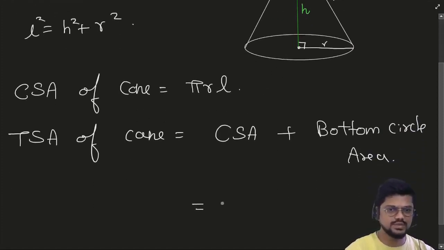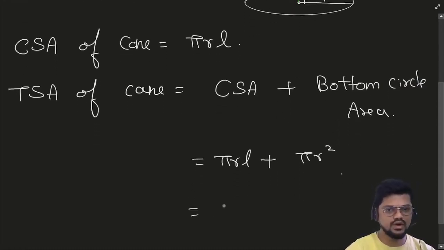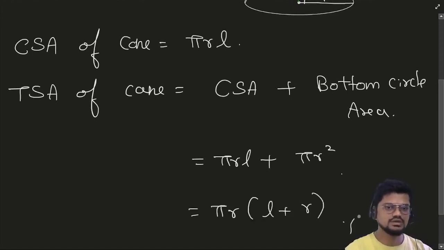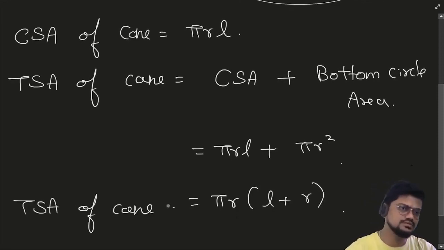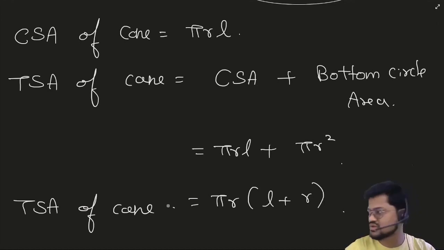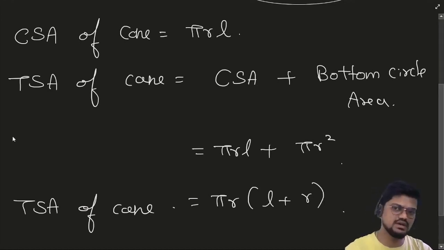The curved surface area is pi r L and the bottom circle area is pi r square. If you take pi r in common, you get pi r into L plus r. So this is your total surface area of cone. These two formulas will be required to solve further problems: total surface area is pi r into L plus r, and curved surface area is pi r L.